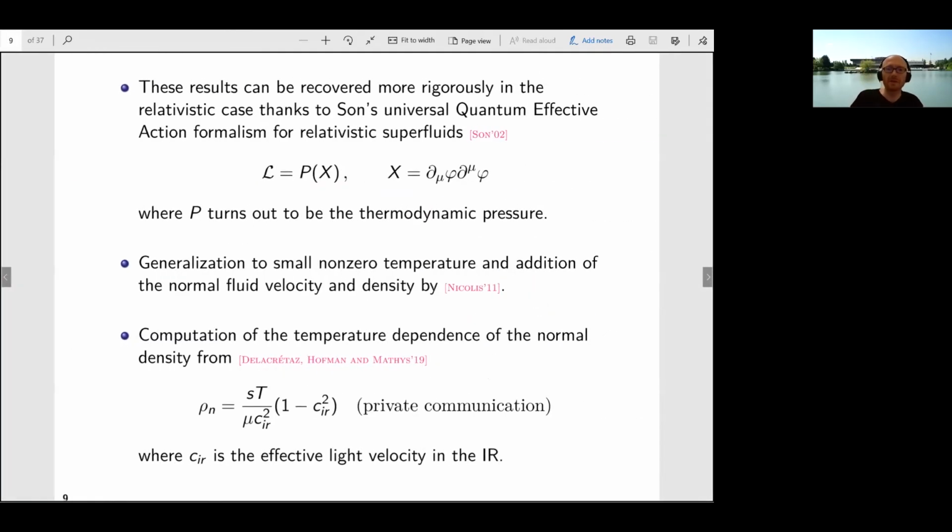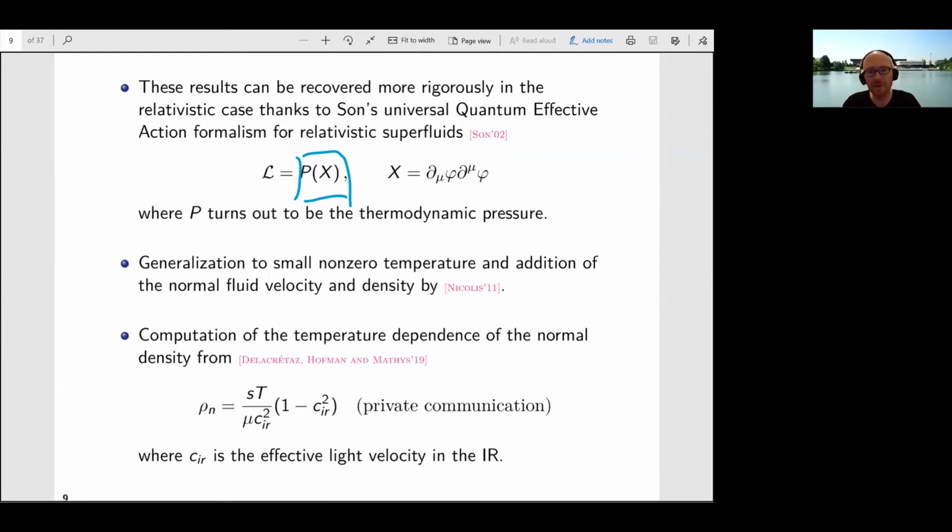So now you can recover all of these results more rigorously, either in quantum field theory. You could write a quantum field theory of a complex scalar with a quartic potential, or also there's some very nice work from the early 2000s from Dan Son that wrote down a quantum effective action formalism for relativistic superfluids. The starting point is that you write a Lagrangian, which is a function of x. X is the square of d phi, and P turns out to be the thermodynamic pressure.